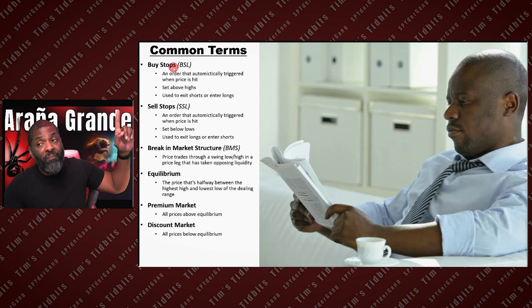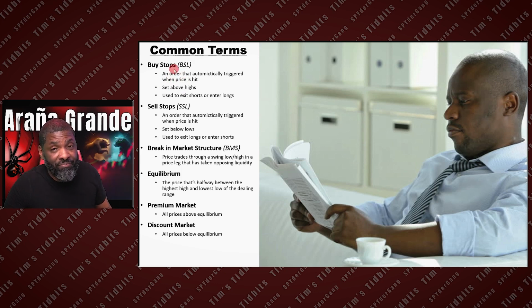Meaning if you go up and take out buy stops and then it comes back down and takes out the low from that same price leg, that's going to give you a bearish breaking market structure. And on the flip side, if you take out sell stops and then you reverse back and take out the high where the buy stops are now sitting in that price leg, that gives you a bullish breaking market structure, right?